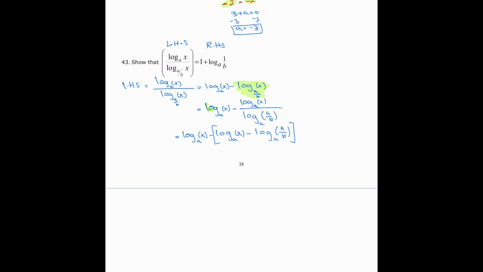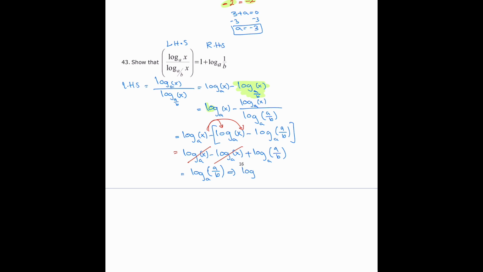And now I'm going to distribute the negative inside, so you will have log base a of x minus log base a of x, which will be 0, plus log base a of a over b. So now these two will cancel out, and I will end up with only log base a of a over b, which I can then turn into a subtraction of logs.